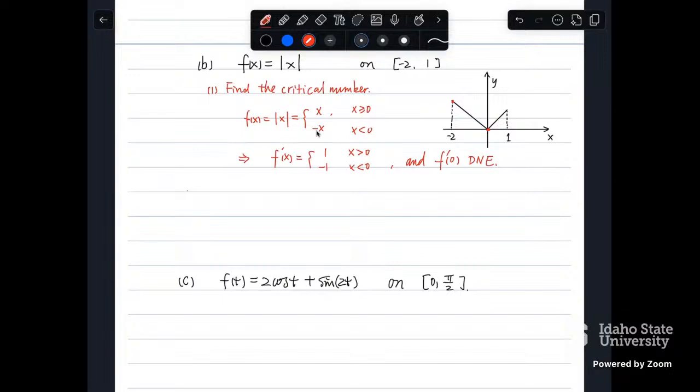The function is not differentiable when x equals 0, and this is something we discussed when we introduced the derivative concept. Make sense? So by this observation, x equals 0 is a critical number.